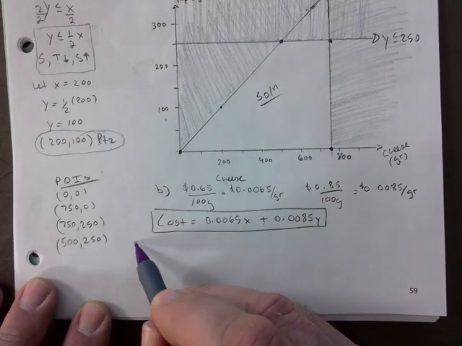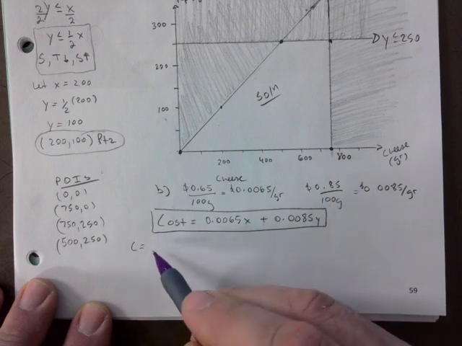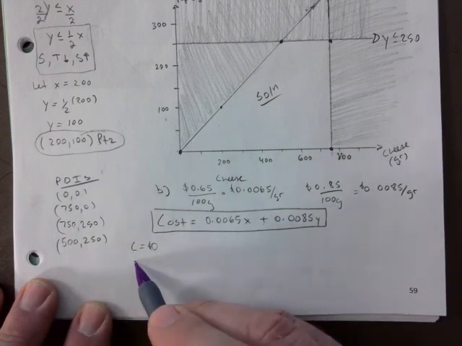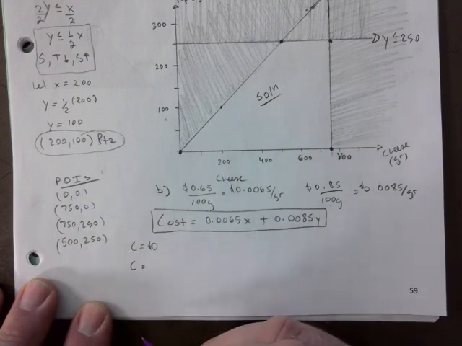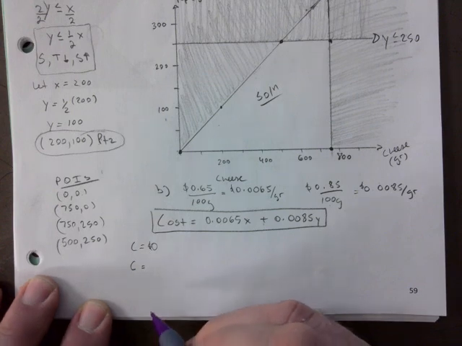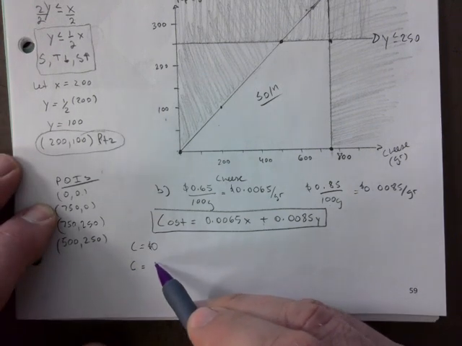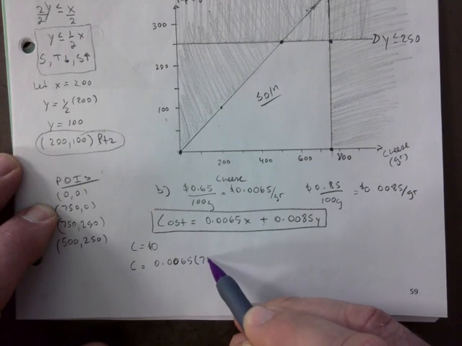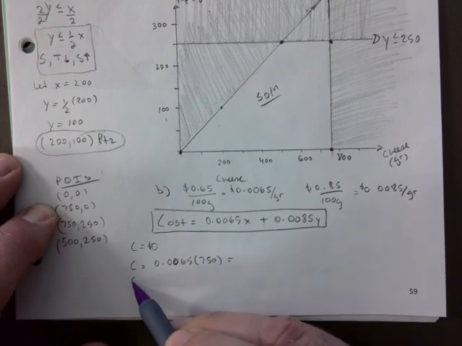So let's go ahead and do that. So 0, 0 is really irrelevant. I'm just going to go, right? If you plug in 0, 0 here, it's 0. And then you go 750, 0, so that's 0.0065. I want you to at least show me the step where you're plugging it in, right?